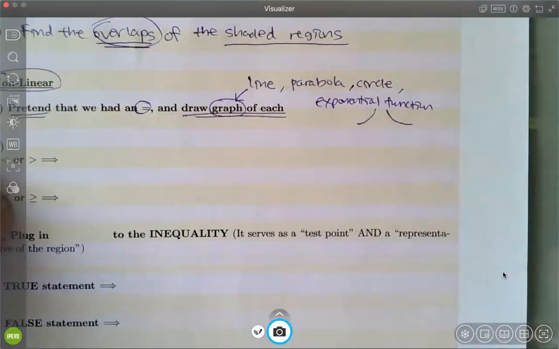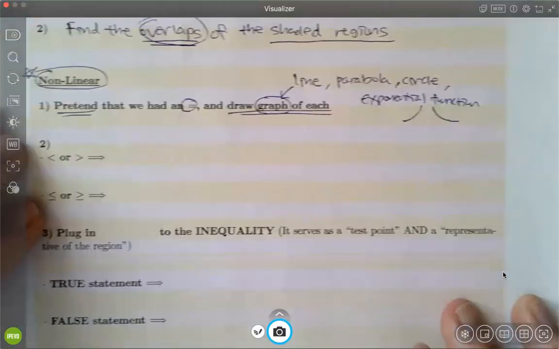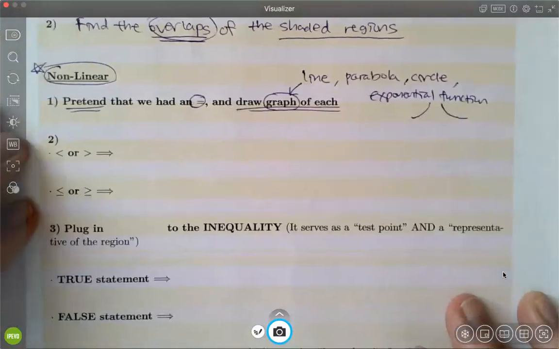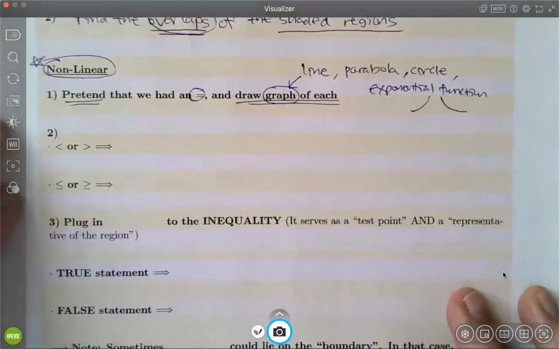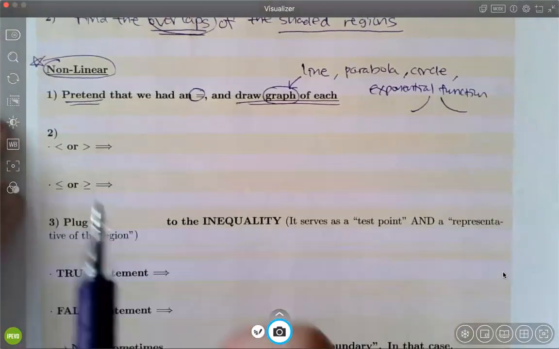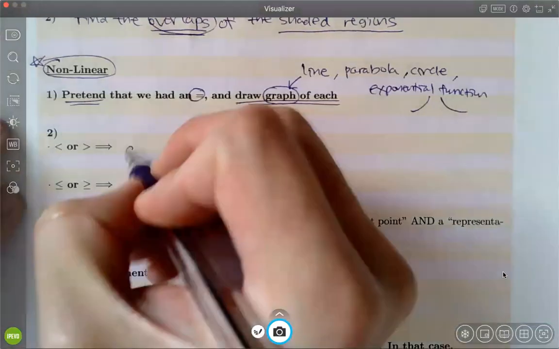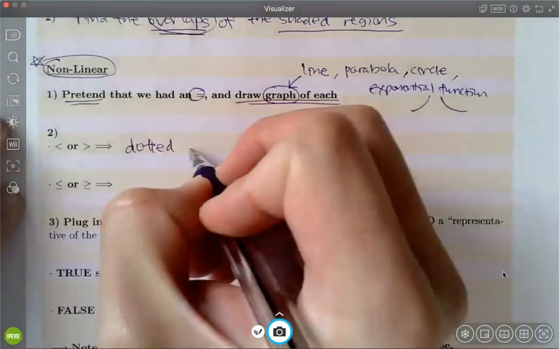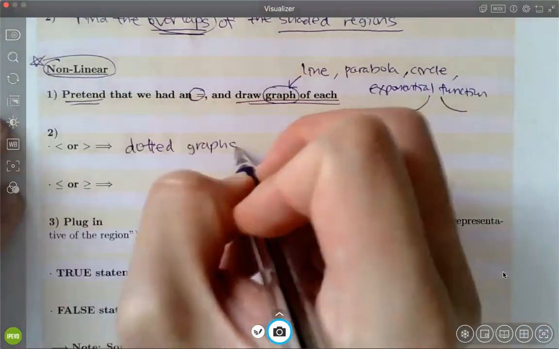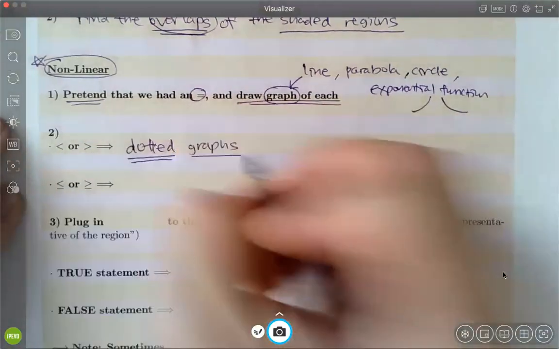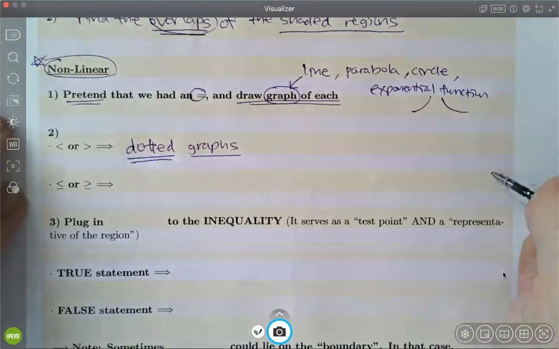So anything is possible. And then one thing that we have to be careful with: for less than or greater than inequalities, we get dotted graphs this time. And what's the difference? Earlier, I said dotted lines, and I cannot say that here because we will see nonlinear graphs.